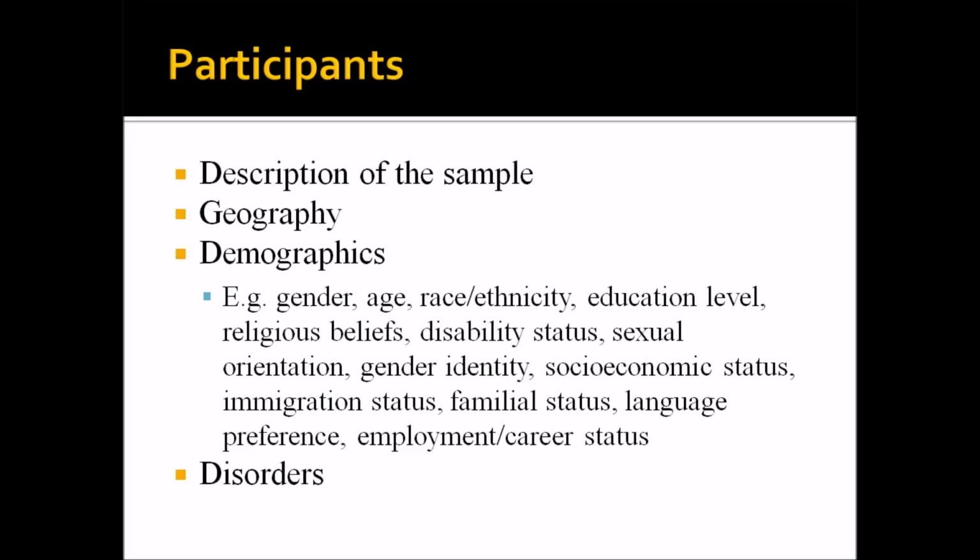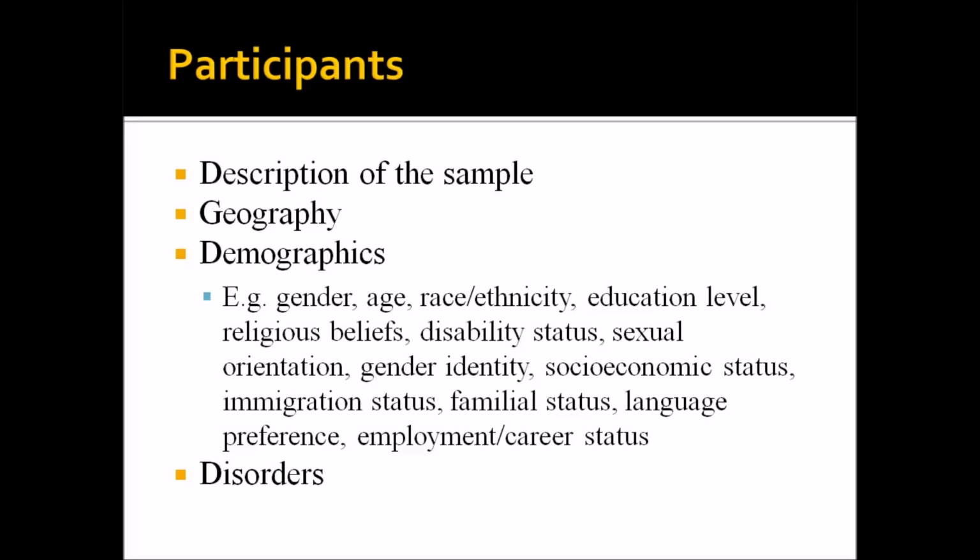So some examples of demographic characteristics that you would want to include would be gender, age, race, ethnicity, education level, religious beliefs, disability status, sexual orientation, gender identity, socioeconomic status, immigration status, familial status, language preference, and employment or career status.